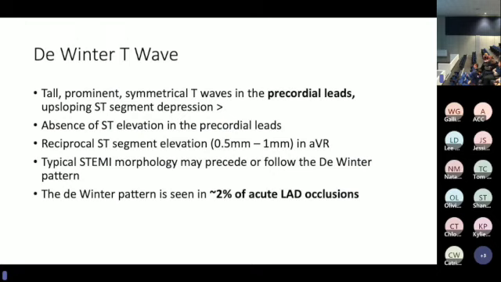And this is basically a STEMI equivalent. And you can get that before or after you see the De Winter T wave pattern. And it's seen in 2% of acute LAD occlusions.